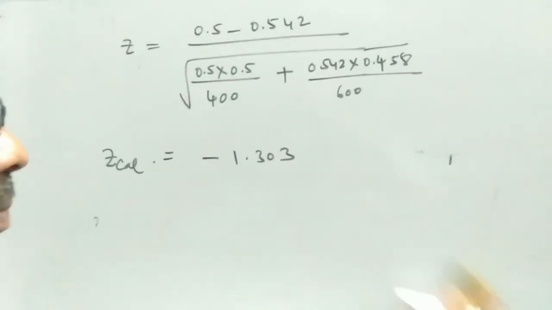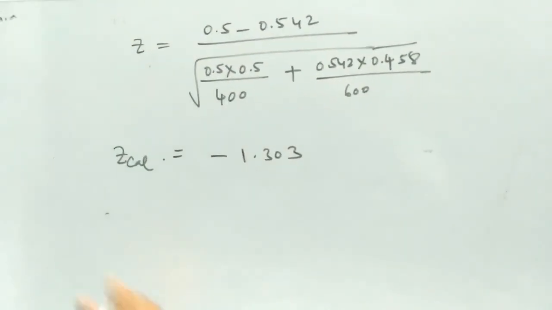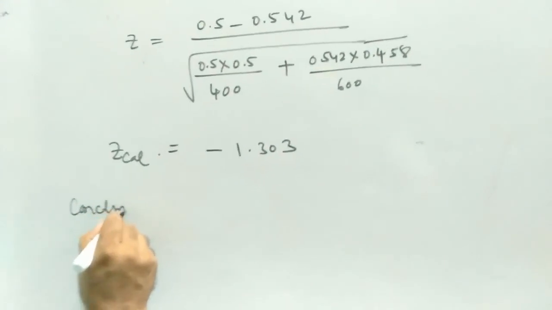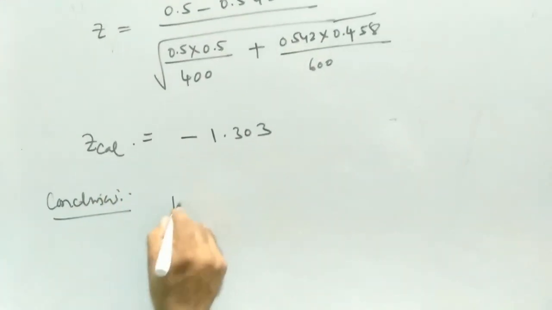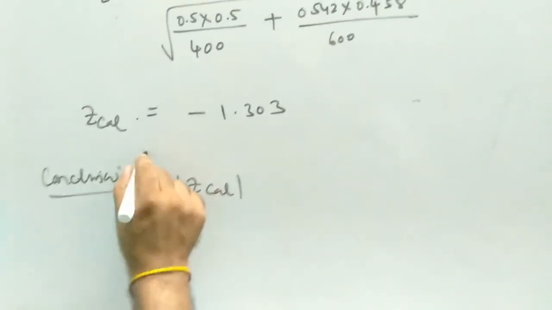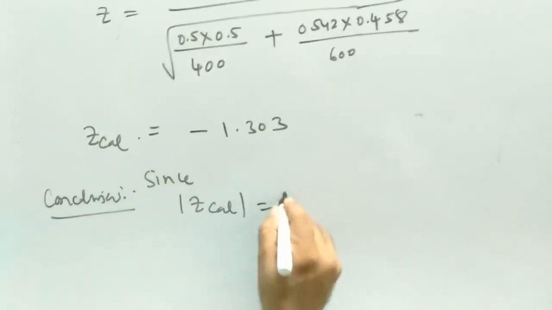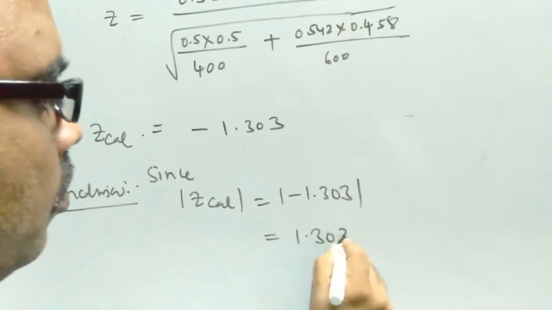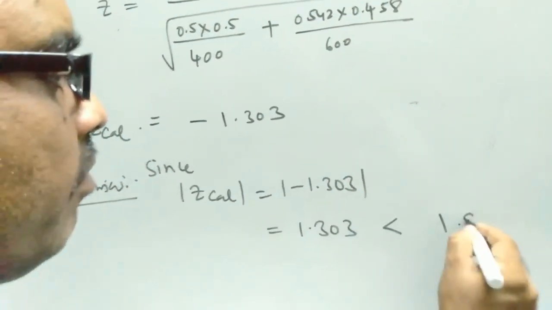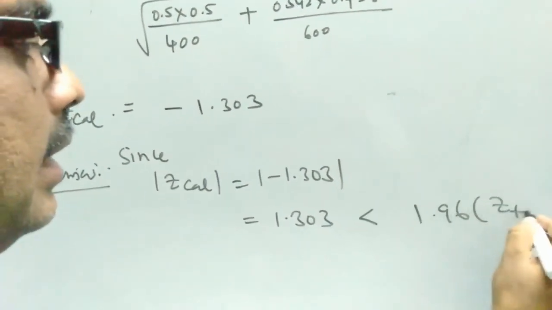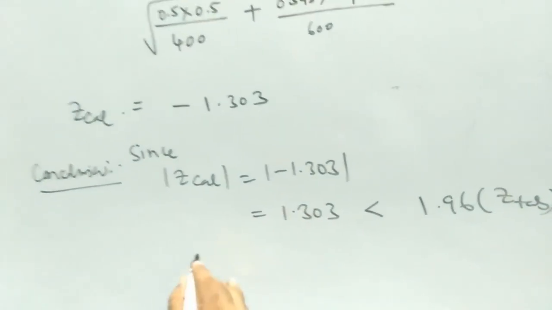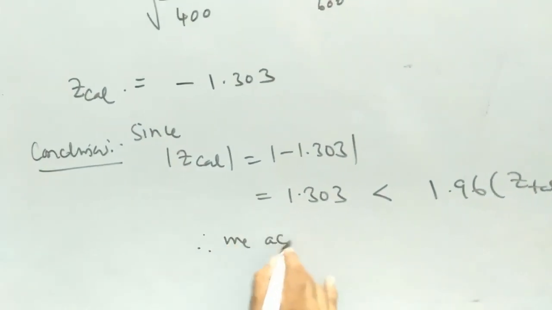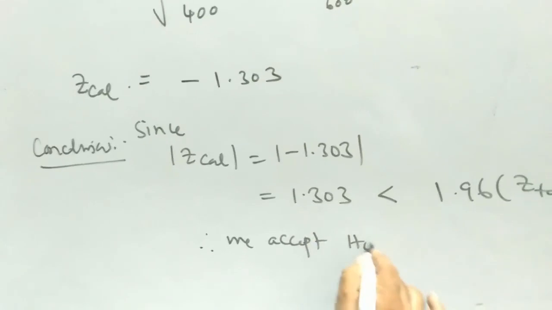Next, the last step is the conclusion step. Here the conclusion can be done by using mod Z calculated. Since mod Z calculated is 1.303, which is less than 1.96, the Z tabulated value, we accept H naught.